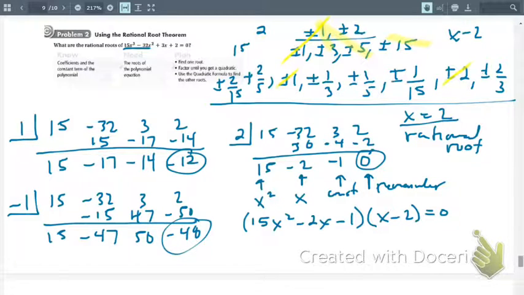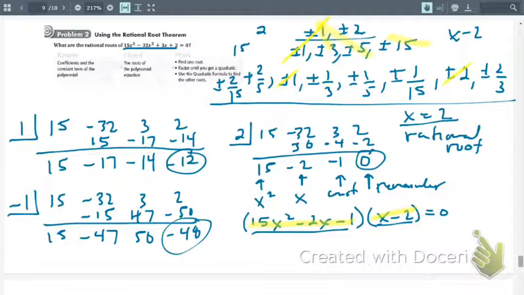So this degree 3 polynomial can be rewritten in factored form like this. So we already have one linear factor. It's x minus 2. Let's take this quadratic and break it up into a product of linear factors.